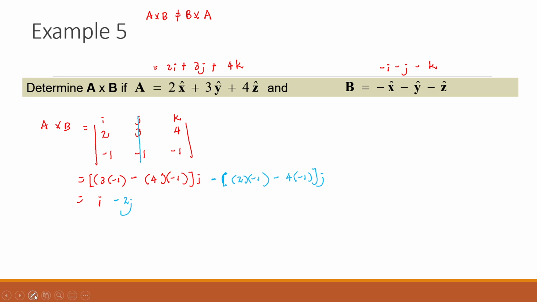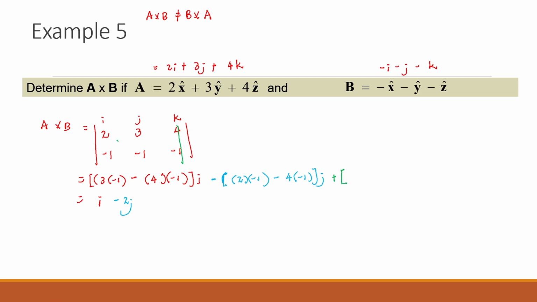And then component K, I close it. Positive.